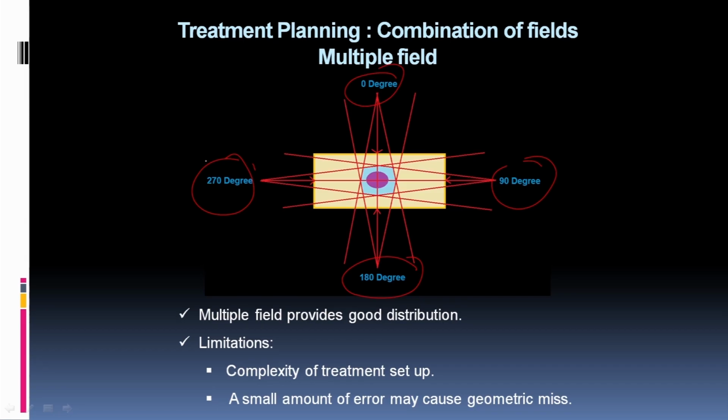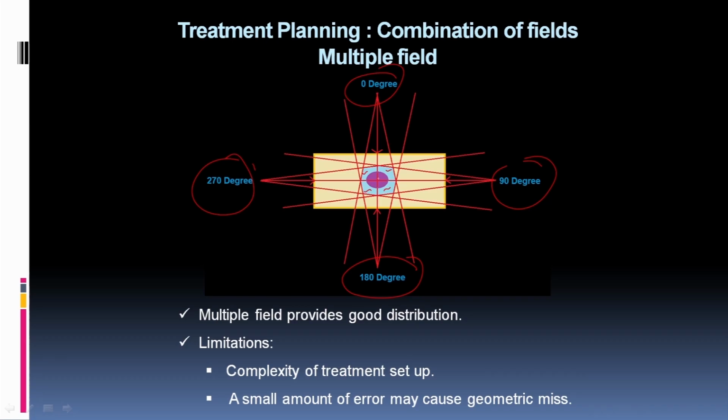This is the volume superimposed by all the beams, which superimposes the target. So, this volume will receive the maximum dose, and the other volume will receive less dose.